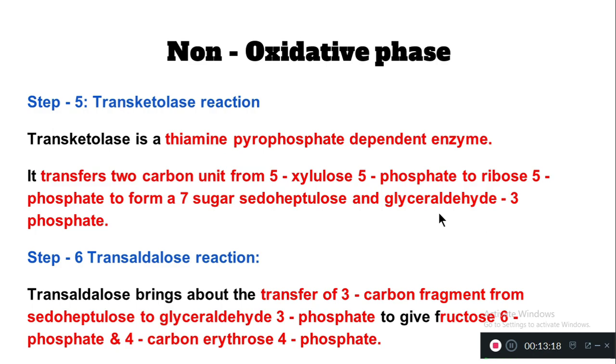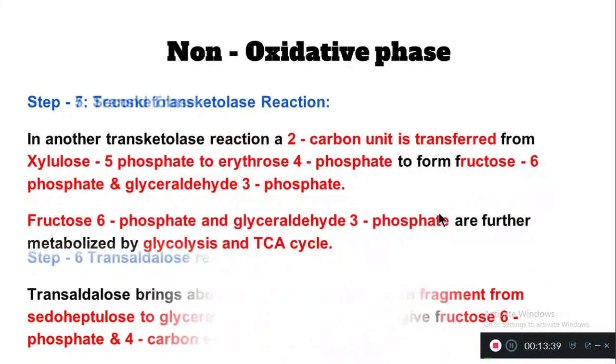As a result of this transfer, we get fructose 6-phosphate and the 4 carbon erythrose 4-phosphate. So this is happening in step 6.